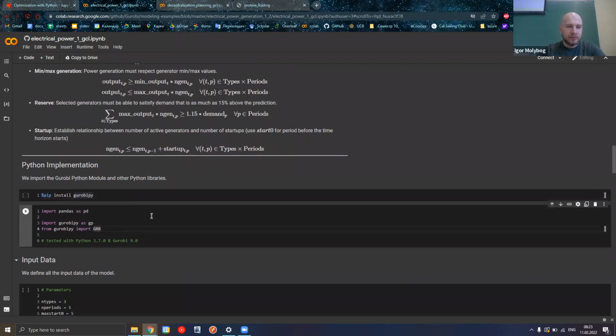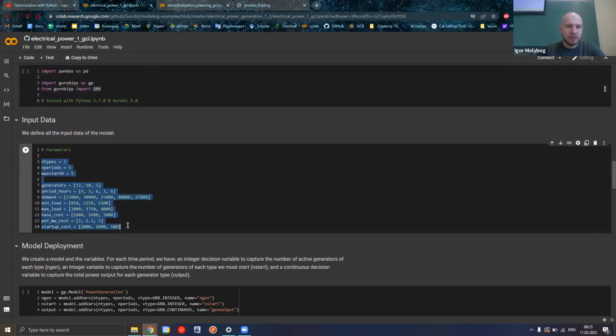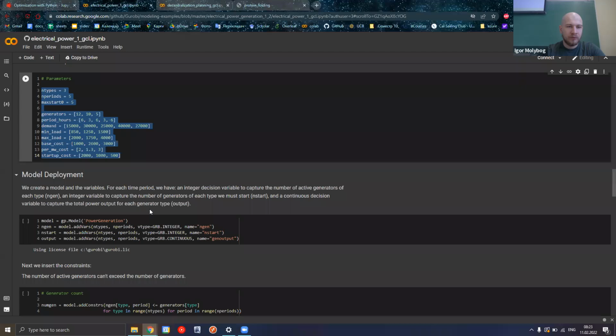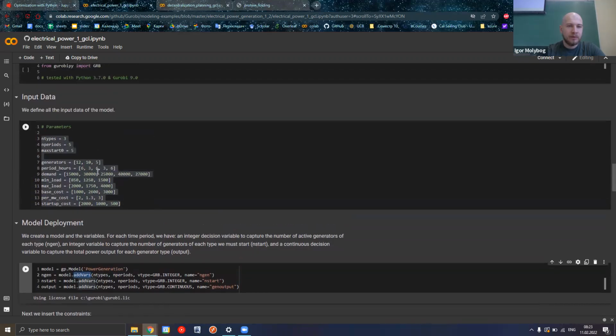Okay, now the Python implementation of this model goes as follows. We need to input the parameters of the model and define the model and the variables with the add_vars method.